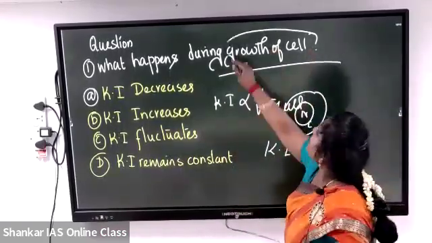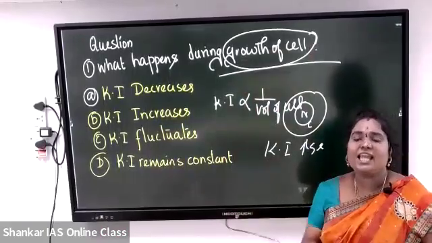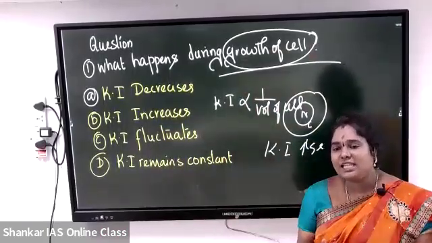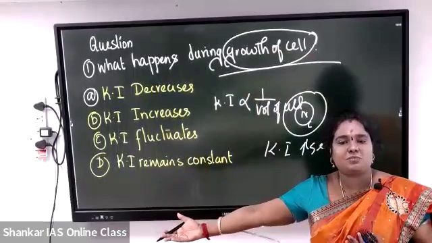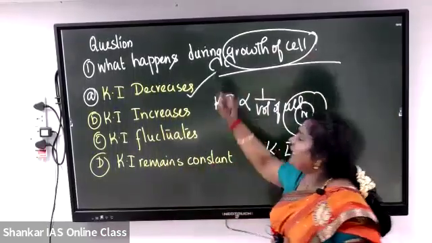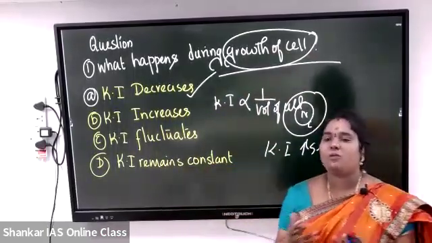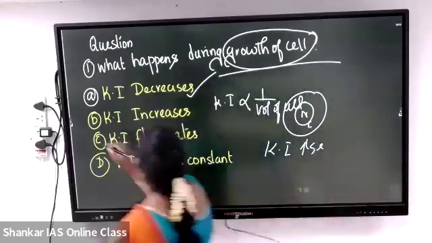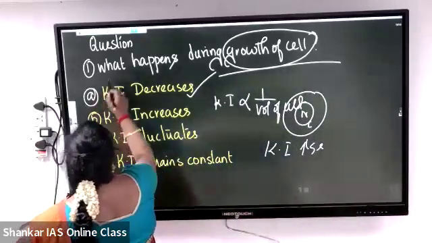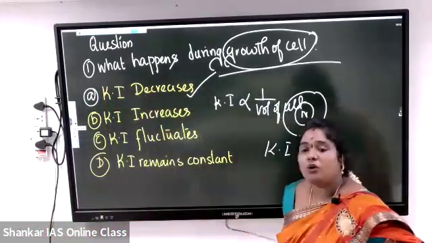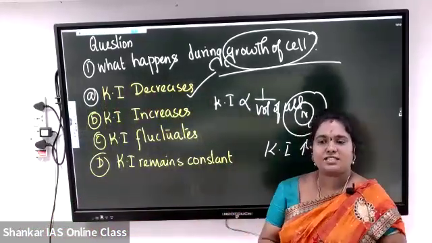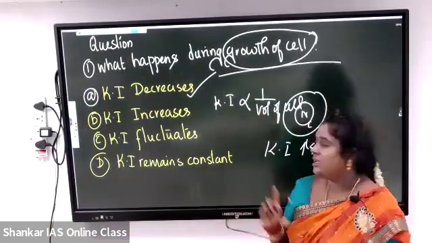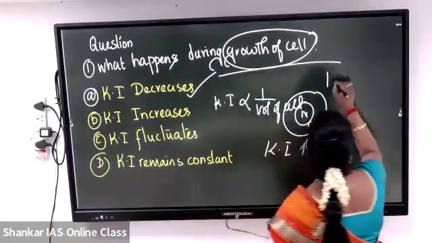What happens when the cell grows? The volume of the cell increases. When the volume of the cell increases, what happens to the karyoplasmic index ratio? It will decrease. So the answer is the karyoplasmic index decreases. Once again, I'm explaining back again. What was the question here? What happens during the growth of the cell? What was the formula I gave you?